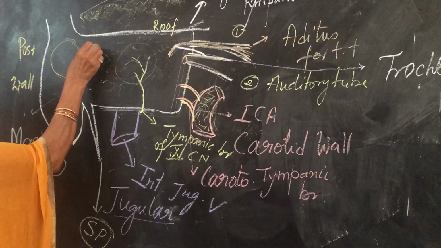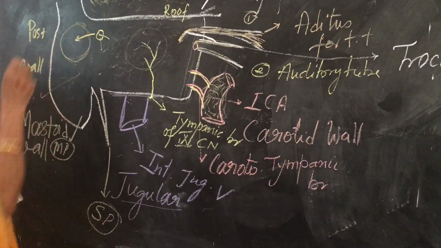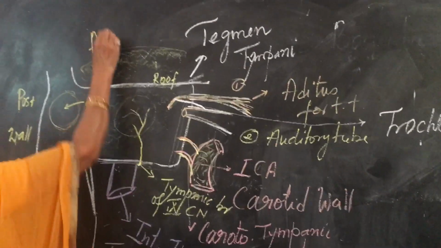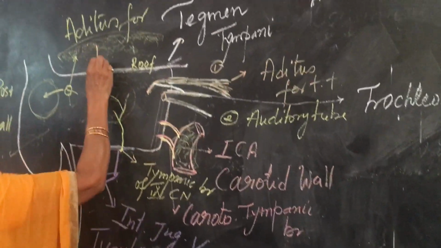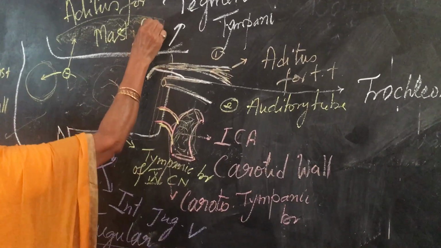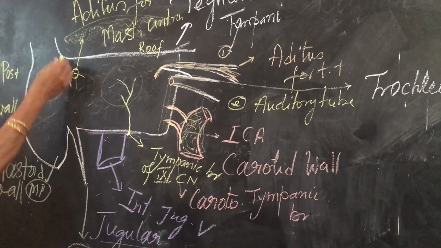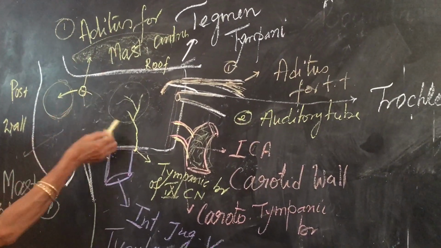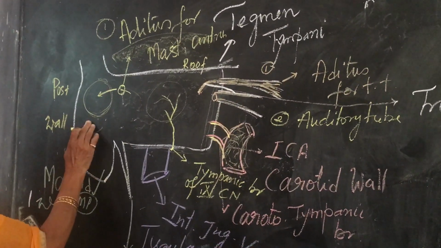This is the aditus for the mastoid antrum. Aditus means opening. Number 1, you find the aditus for the mastoid antrum in the posterior wall, where the tympanic cavity communicates with the mastoid antrum.